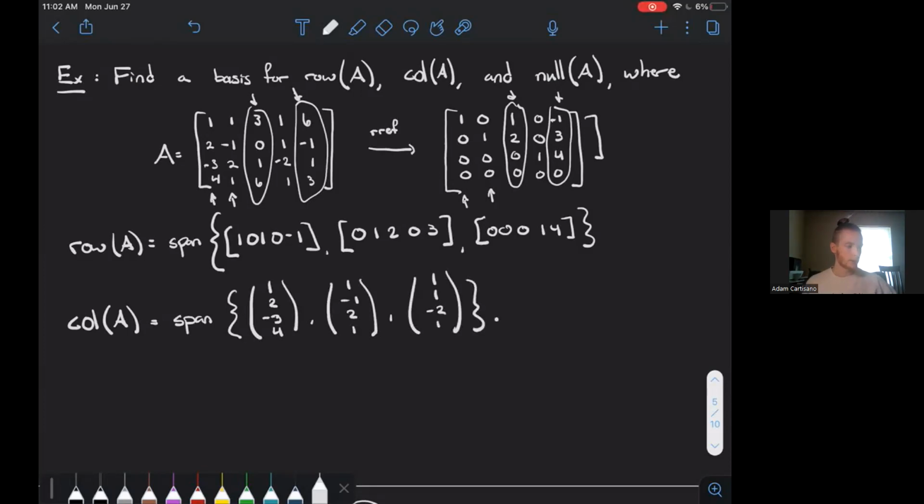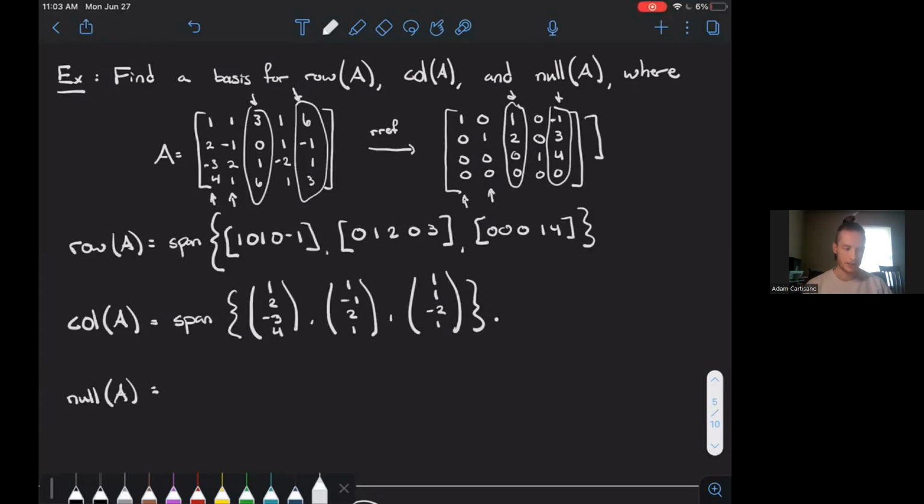Lastly, we'll just take a look at the null space. So the null space of A, this is going to be very similar. What we're doing is viewing this as the coefficient matrix for a homogeneous linear system of equations.